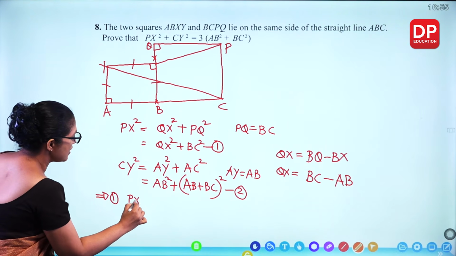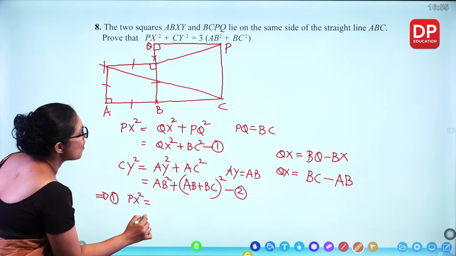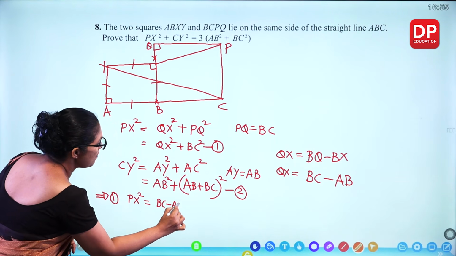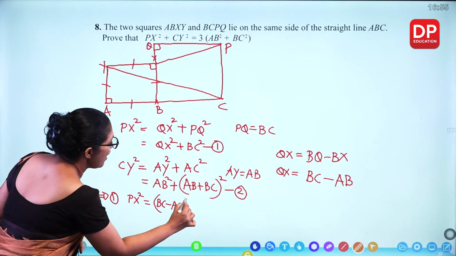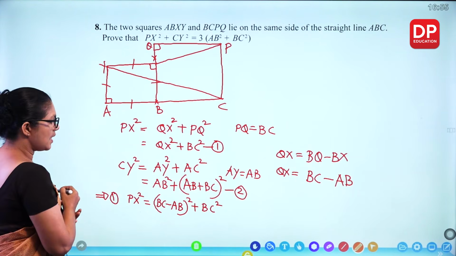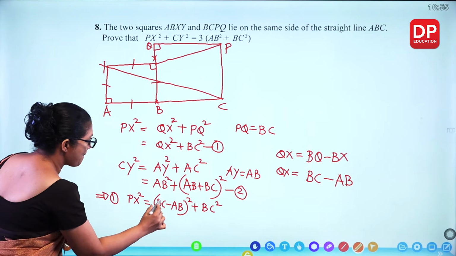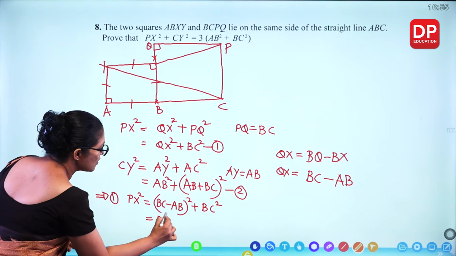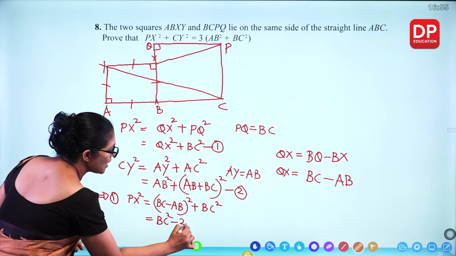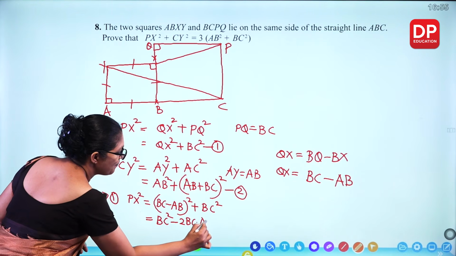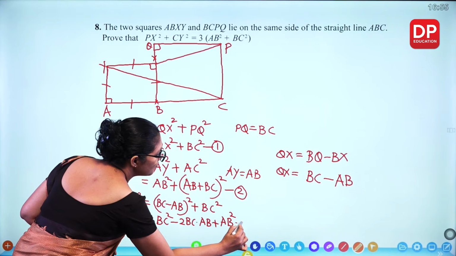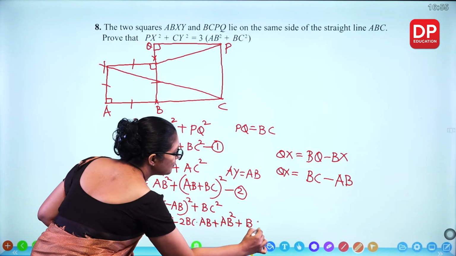PX squared is equal to, instead of QX squared, I can write BC minus AB whole thing squared plus BC squared. I'll simplify this. Take the square term, BC squared. Middle term is minus 2 times BC AB, plus AB squared, and BC squared here.